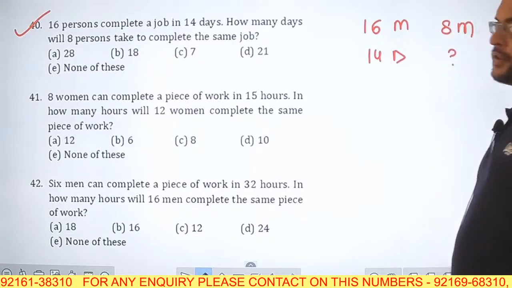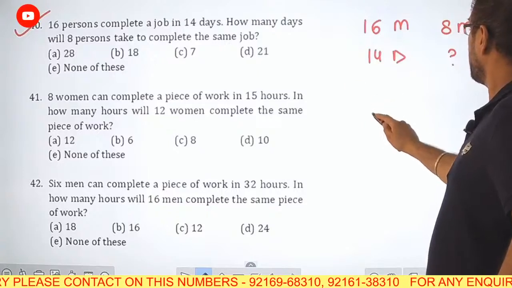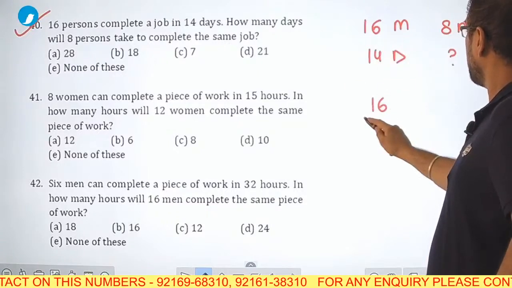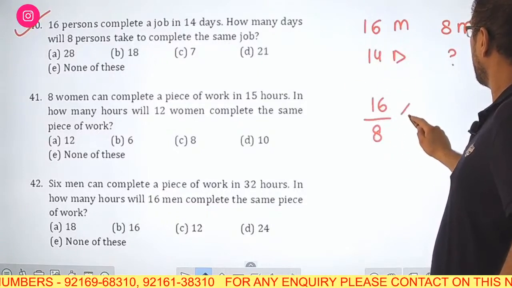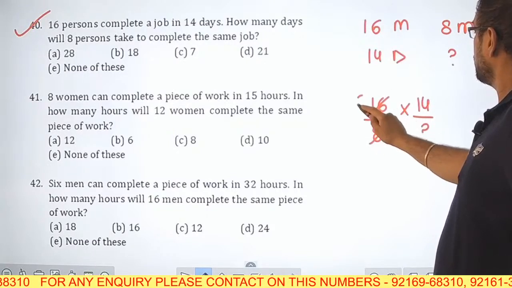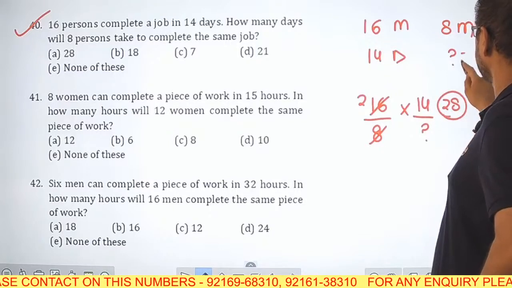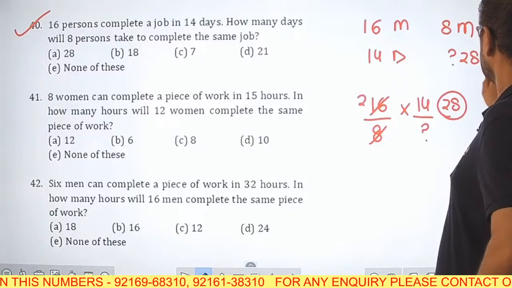Okay, this is man and days. Okay, so what we do is we write 16 divided by 8 into 14 divided by question mark. This is 2. 14 into 2 is 28. So 28 will be the right answer. 28 days will be the right answer.